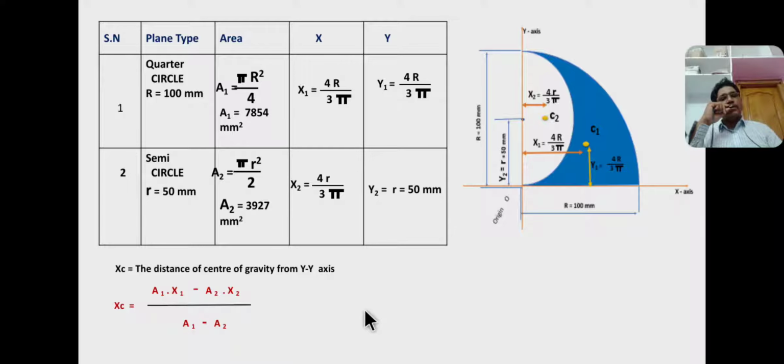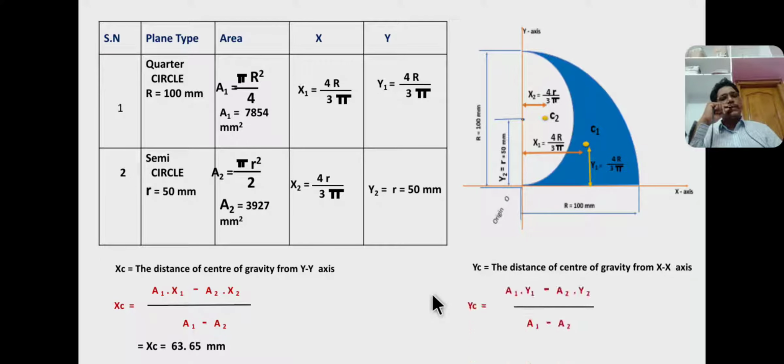Therefore I consider a negative sign for area 2. The answer is x equals 63.65 mm. Similarly, yc is the centroid from x-axis. Yc equals A1 y1 minus A2 y2 by A1 minus A2, and the answer is yc equals 59.86 mm.